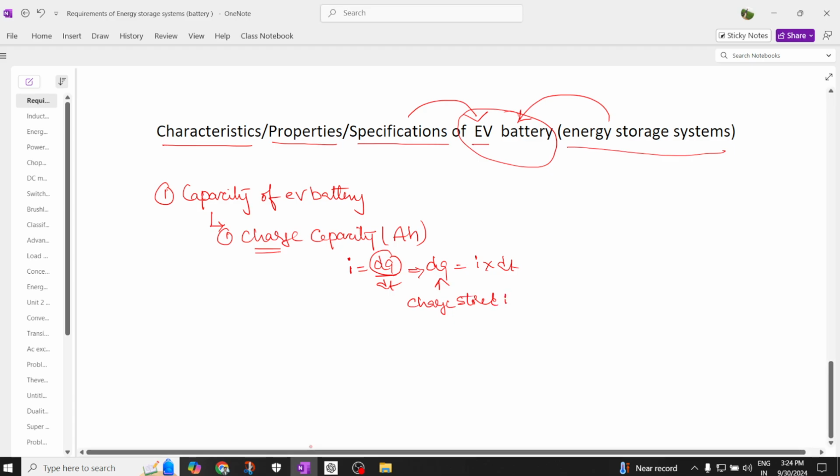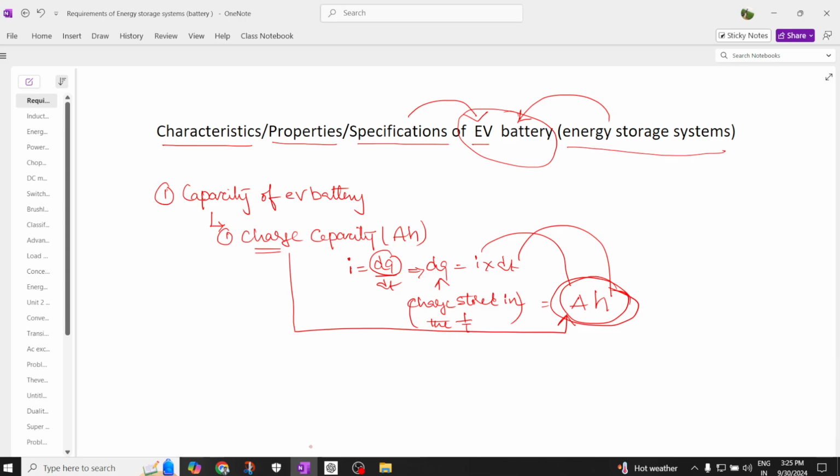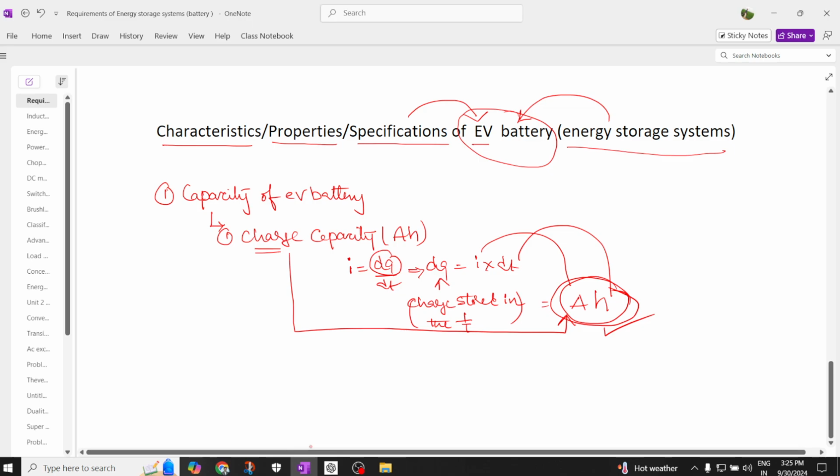The unit of current is ampere and the unit of time is hour. Therefore the charge stored by the battery is ampere hour. This is called the charge capacity of a battery.